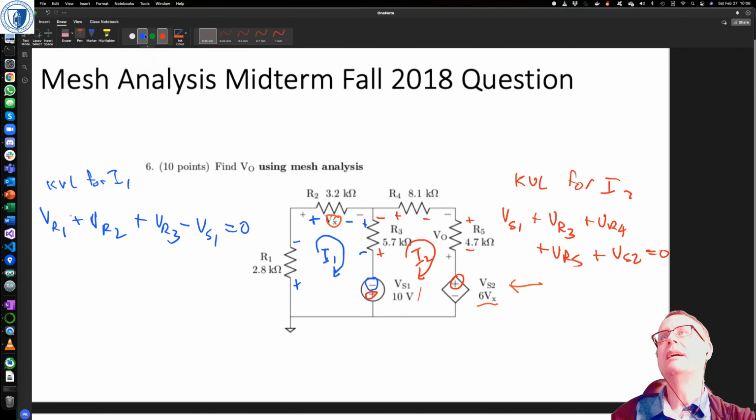Then apply Ohm's law. So VR1 is just R1 I1. VR2 is just R2 I1. VR3 is just R3 times I1 minus I2.